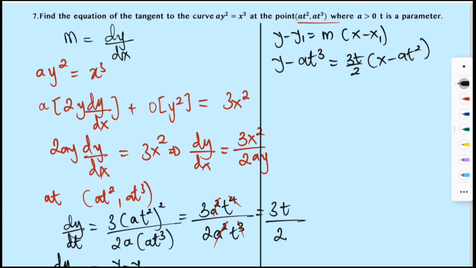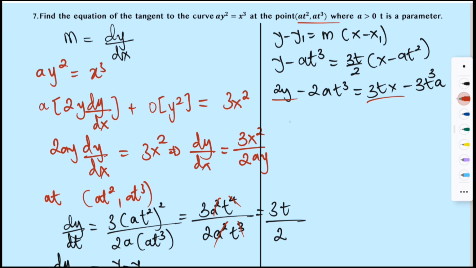Okay, multiply all through by 2, and then we're going to get 2y minus 2at cubed equal to 3tx, I'm just expanding the bracket at the same time, minus 3t cubed a.